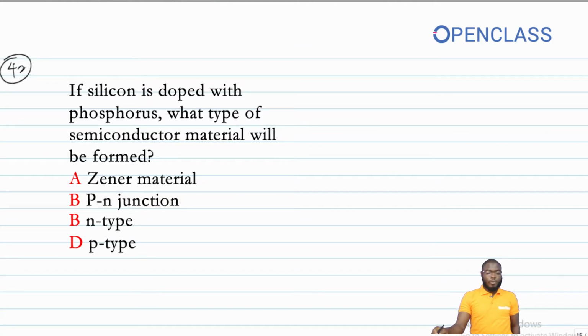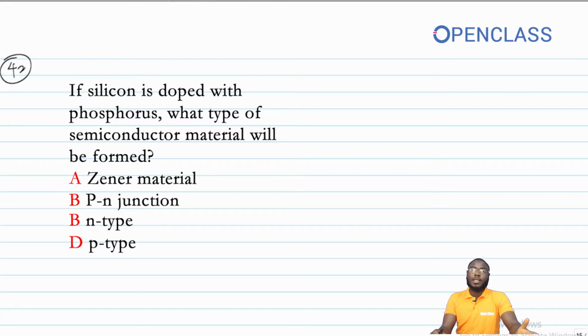So this is the concept of doping. What is doping? Doping is the intentional introduction of impurities into intrinsic elements. You have an element, and you intentionally introduce an impurity into it with the sole aim of improving its electrical properties.